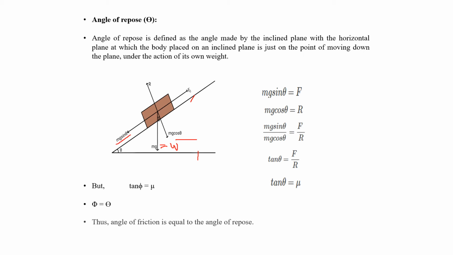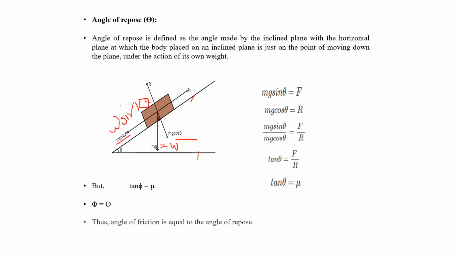The component of weight along the plane is mg sin theta, or W sin theta, and this is W cos theta. So the component of W along the plane is W sin theta, and the component of W perpendicular to the plane is W cos theta or mg cos theta.